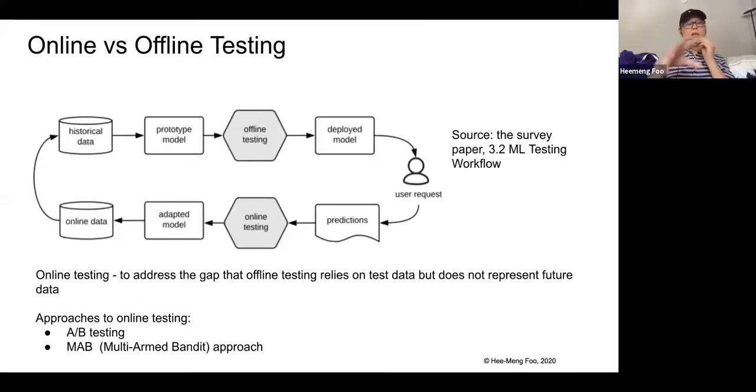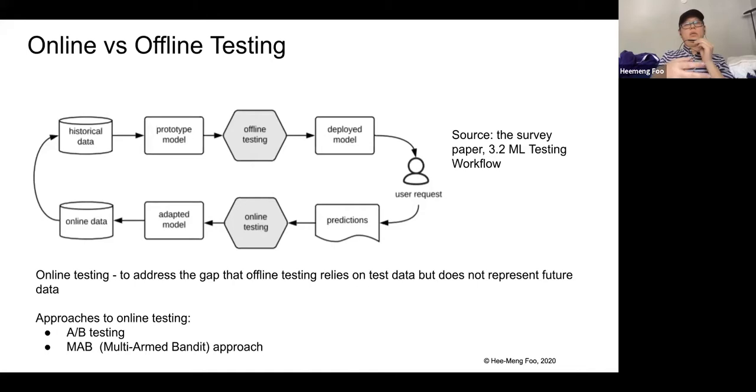Okay, so the paper gives a very nice, actually there are two diagrams that look similar, but they give a very good structure for you to understand the differences between online and offline testing. So the offline process, if you've done any course in data science or machine learning, usually you just cover the offline process where you have data, you come up with a prototype model, you run your model exploration and analysis, and then you come up with one that has maybe the best accuracy or confusion matrix or whatever.